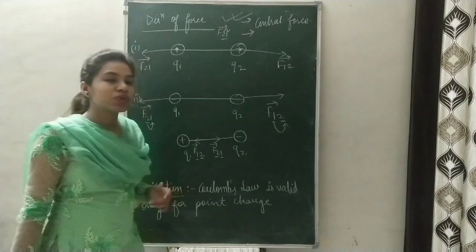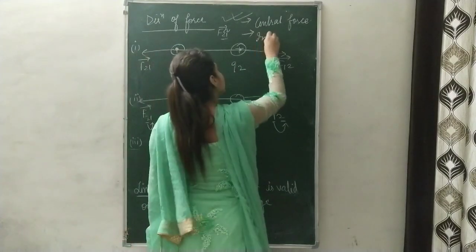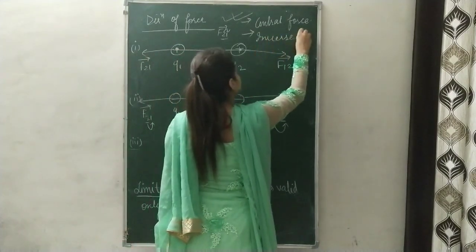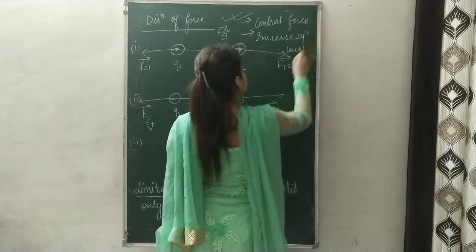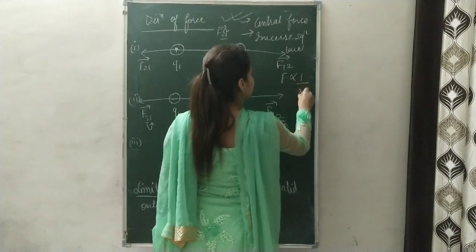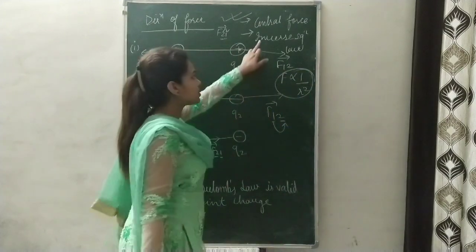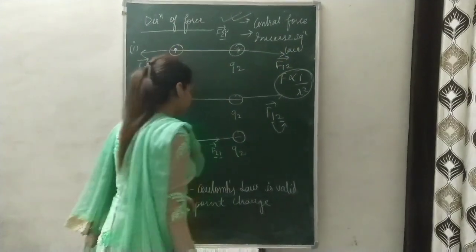It obeys the inverse square law. Which law? Inverse square law. Why so? Because F is proportional to 1 by R square. That's why it obeys the inverse square law.